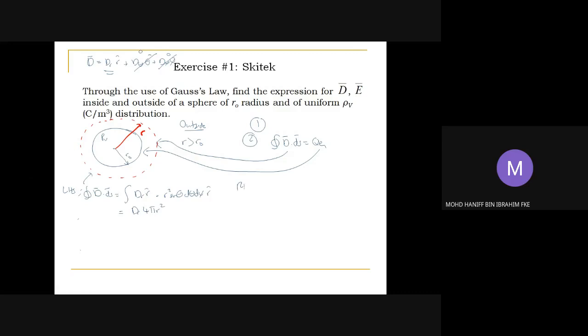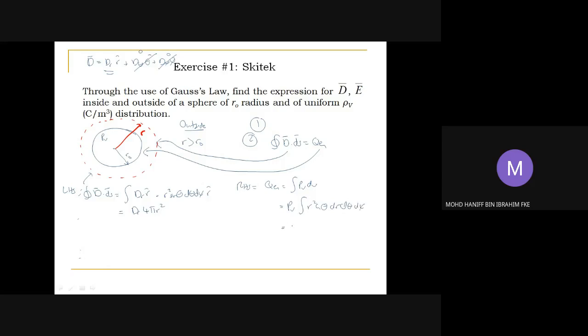For the right-hand side, the enclosed charge is the integral of rho v dv, which is the charge inside the Gaussian surface. So we have rho v times the integral of R squared sine theta dr d theta d phi.